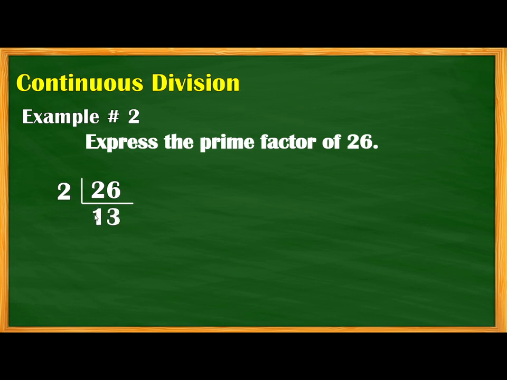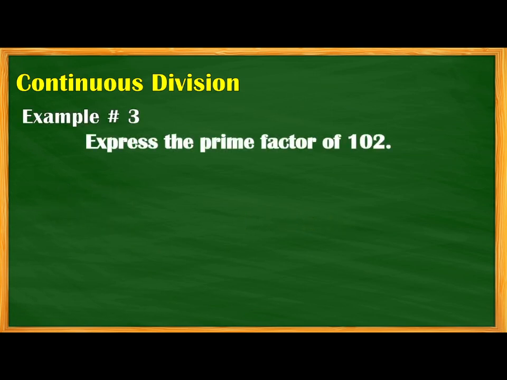And then what prime number is a factor of 13? It is 13. So 13 divided by 13 is 1. So the factors of 26 are 1 times 2 times 13.